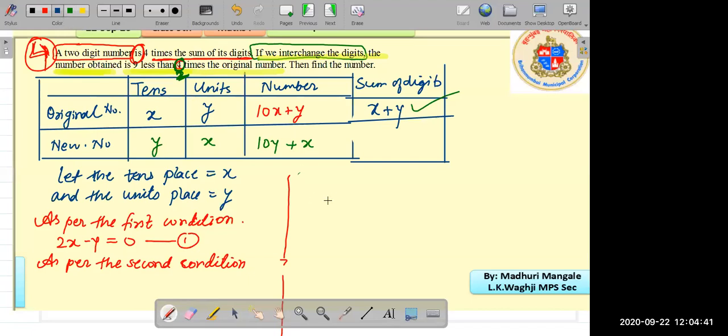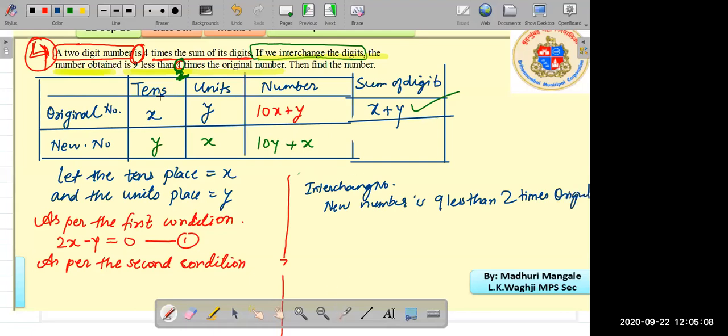All right, everyone. So let me write out this statement. It says the interchanged number, or say the new number, is 9 less than 2 times the original number.